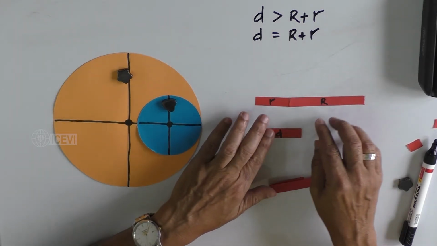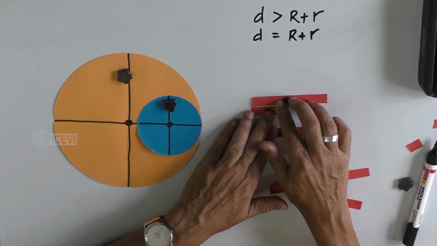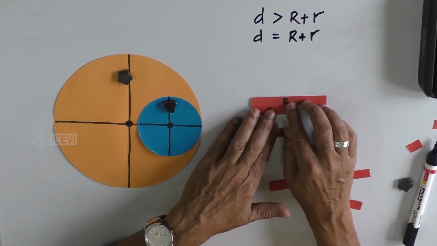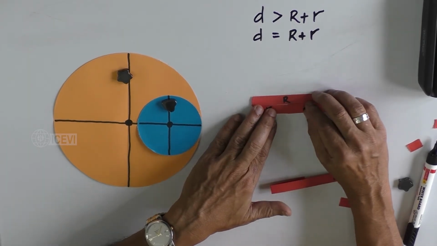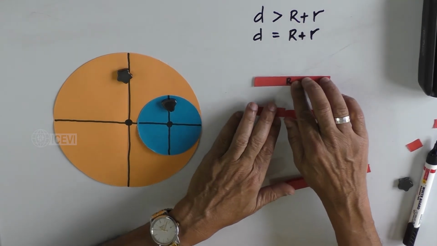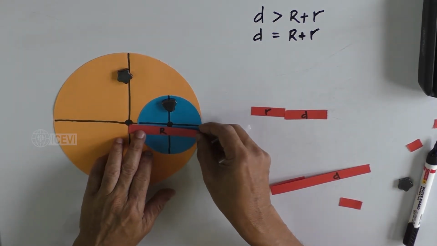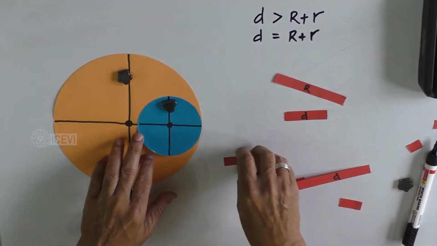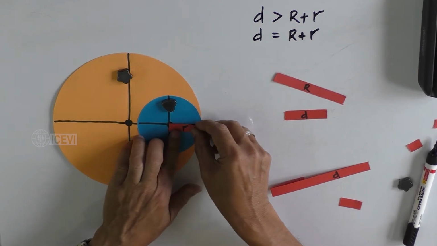Now what happens in this case is that capital R minus small r is the distance. Capital R is the radius of the big circle, and small r is the radius of the small circle.